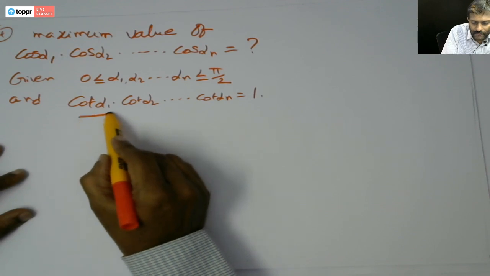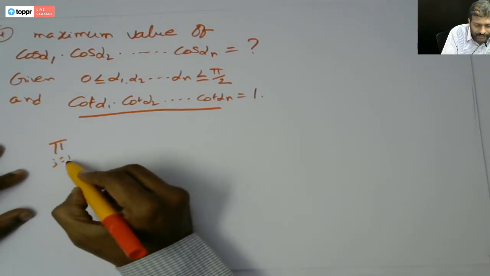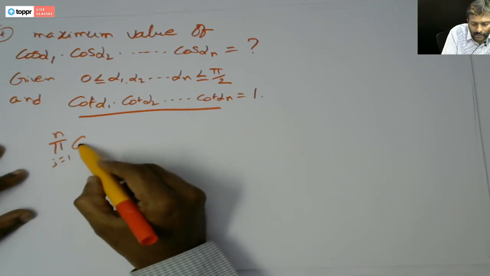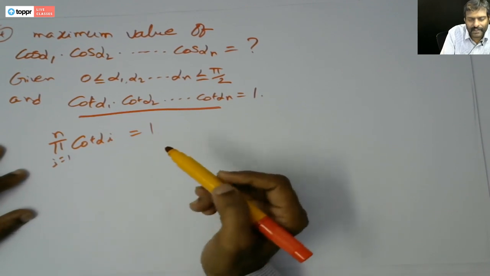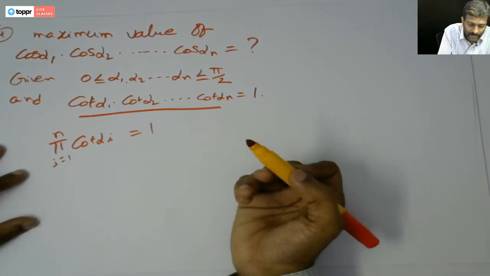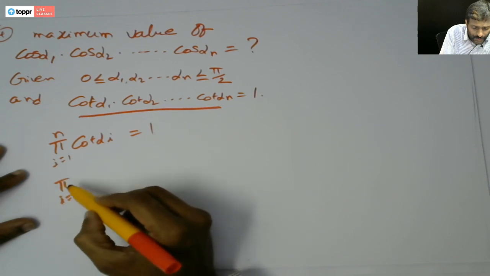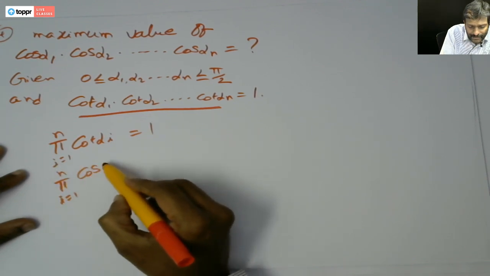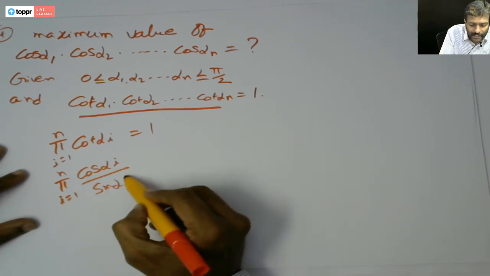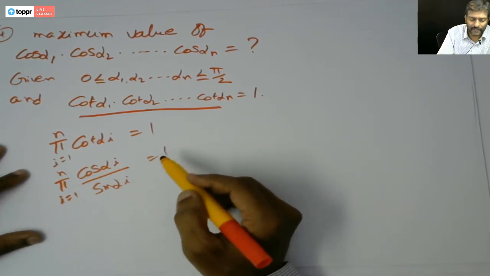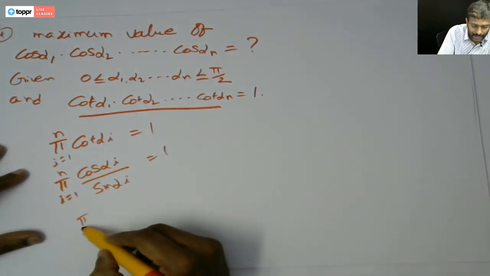This one, if you consider, is nothing but the product: the product of cot alpha I, with I running from 1 to n, is given as equal to 1. Now, using trigonometric ratios, I can write this as cos alpha I by sine alpha I, and the product can be applied to both separately: product of cos alpha I over product of sine alpha I is equal to 1.